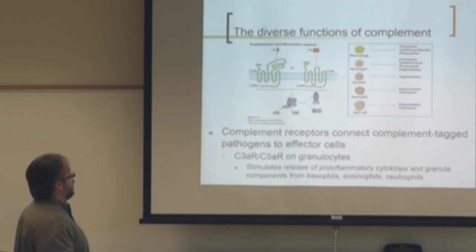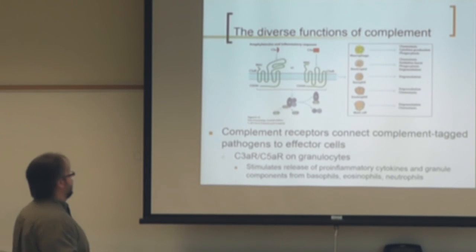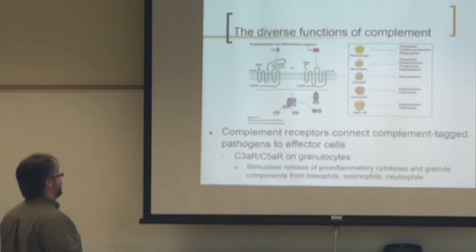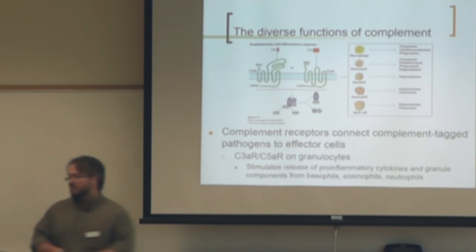So it's going to bring in all of these cells because it's going to start to secrete chemokines and cause this inflammatory or anaphylactic event, which is good in small doses, but in larger doses can lead to anaphylaxis. C3aR and C5aR on granulocytes are going to stimulate release of more pro-inflammatory cytokine granules. So again, here are those cells that lead to degranulation.